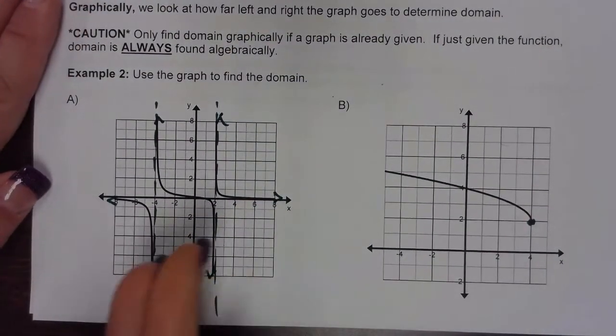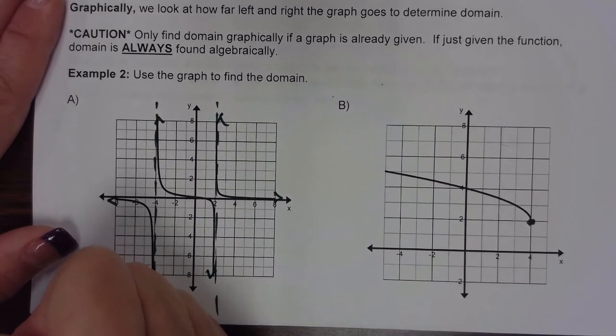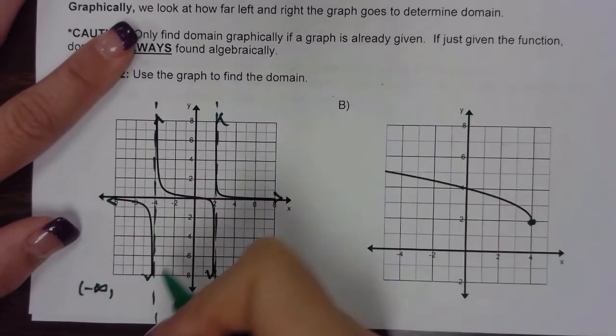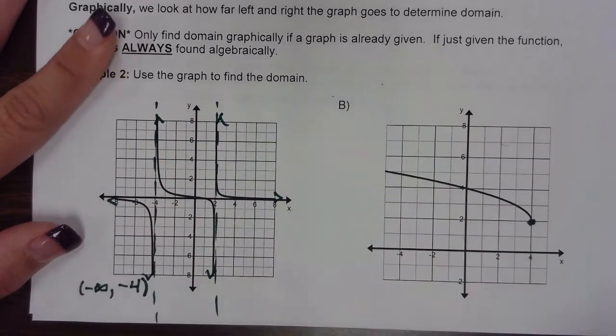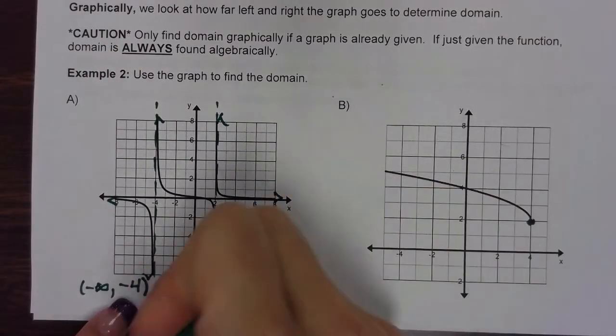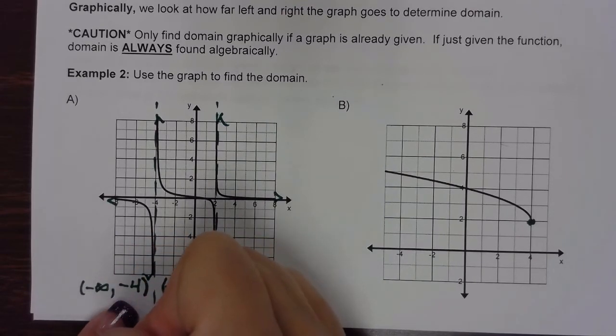So if we talk about left, we're going from -infinity and we hit this invisible wall at -4. Now we actually don't hit it, right? We come very, very close, so it's parenthesis. Then we start on the other side of the wall and go to the next wall, which is 2.